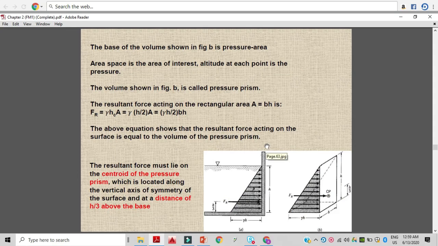The resultant force must lie at the centroid of the pressure prism. In that case the resultant force acts at the centroid of the pressure prism, which is located along the vertical axis of symmetry of the surface and at a distance of h by 3 above the base. So this is basically the standard.